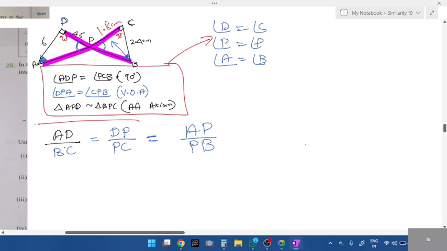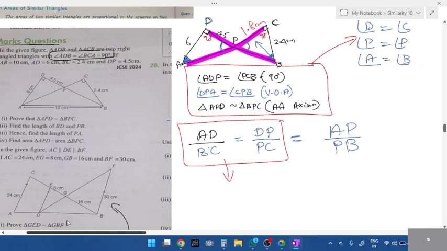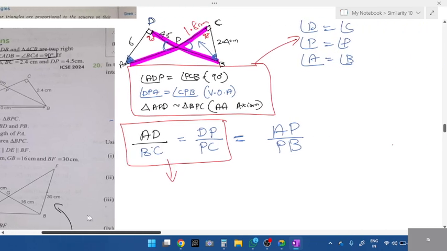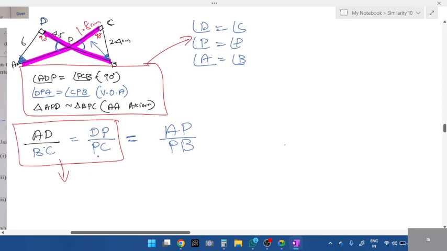We can write it like this, and we took these two and solved, right? We took these two and solved. What did we get for PC? Yes, we got it as 1.8 centimeters. Now tell me DP value, students. DP is... let us use these two.